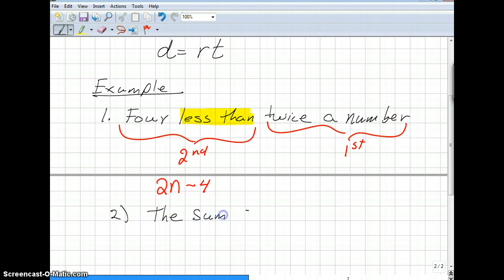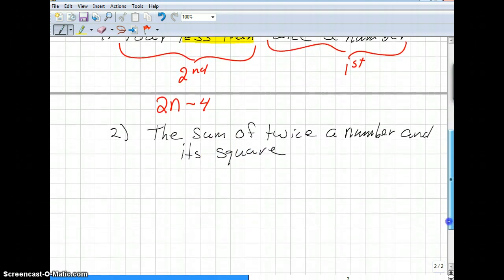Example 2. The sum of twice a number and its square. Okay, so sum tells us that we're going to be adding. Twice a number tells us that we're going to be multiplying.